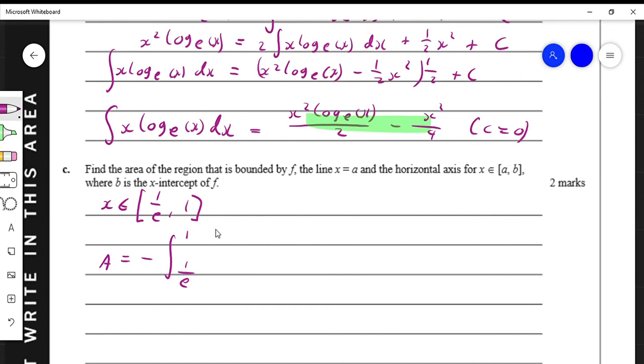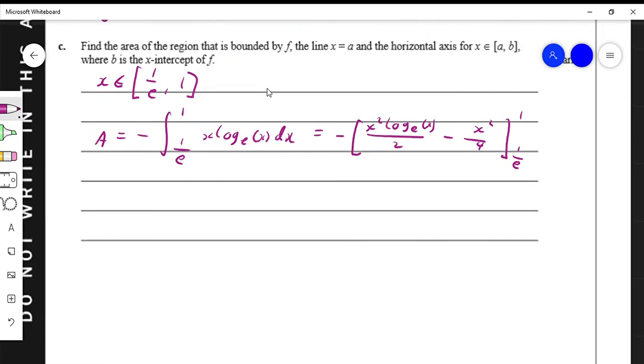So from 1 on e to 1 of x log e of x dx, because that's our function, we can use the fact we had before, this thing here, to give us negative x squared log e x on 2 minus x squared on 4.